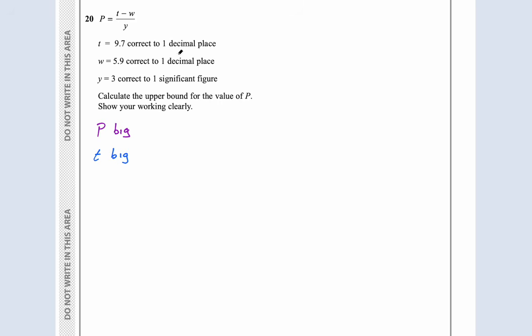But we then want w to be small, because I'm taking away w. So if you want to make p big, you want to take away a small number. And also, if you want to make p big, you want to divide by a small number. So that's the first step. P is big, so t is big, w is small, and y is small.